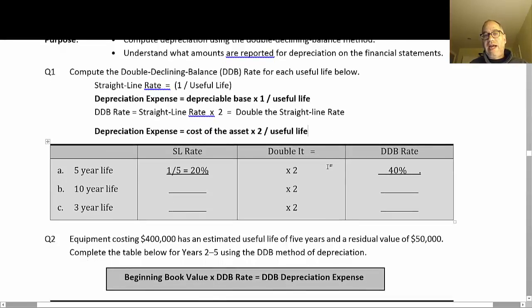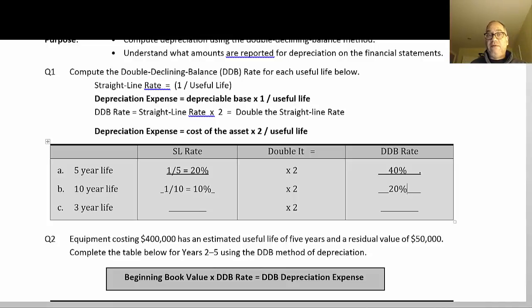Let's look at how to figure out the double declining rate. If your straight line rate for a 5-year life is 1/5 or 20%, then the double declining balance rate would be 40%. If it was a 10-year life, your straight line rate would be 1/10 or 10%, and the double declining rate would be 20%, double the straight line.